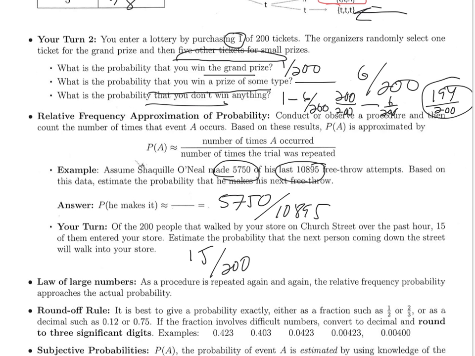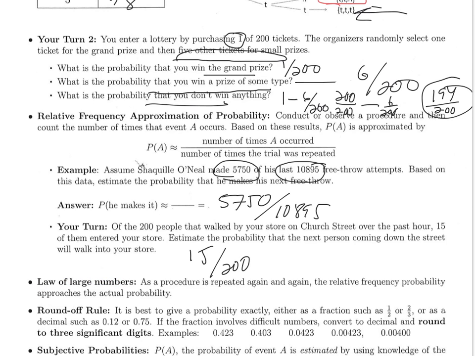Now, here's probably the most important thing that you're going to learn in this course, this law of large numbers. The law of large numbers says as you repeat a trial or an experiment over and over and over again, the relative frequency probability will approach the actual probability.